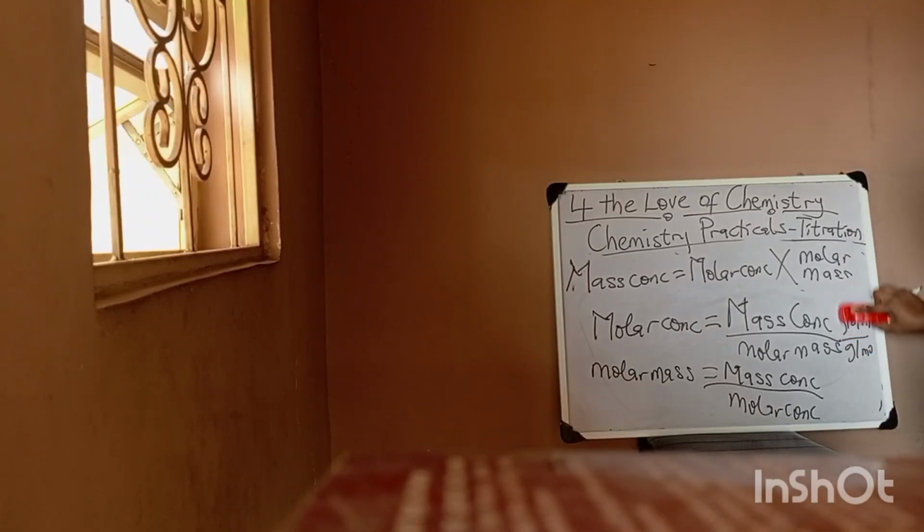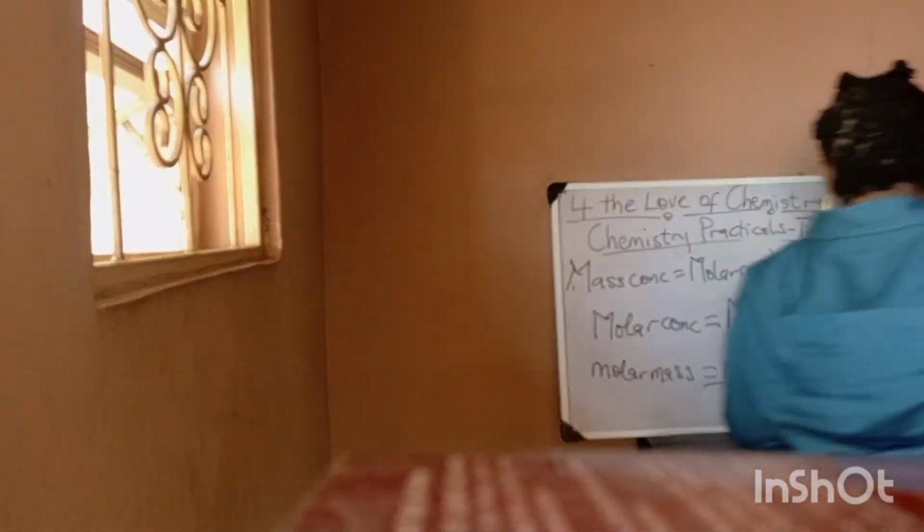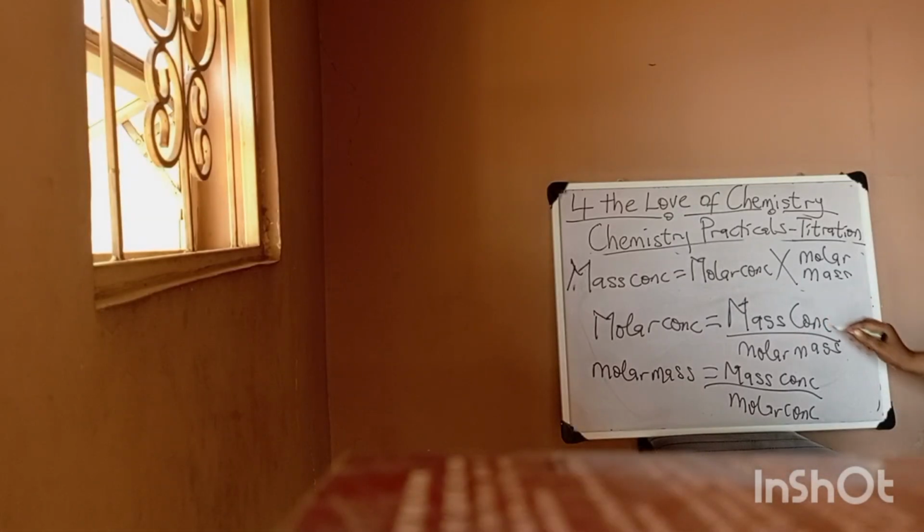When you put the units, this is gram per dm cubed divided by gram per mole.